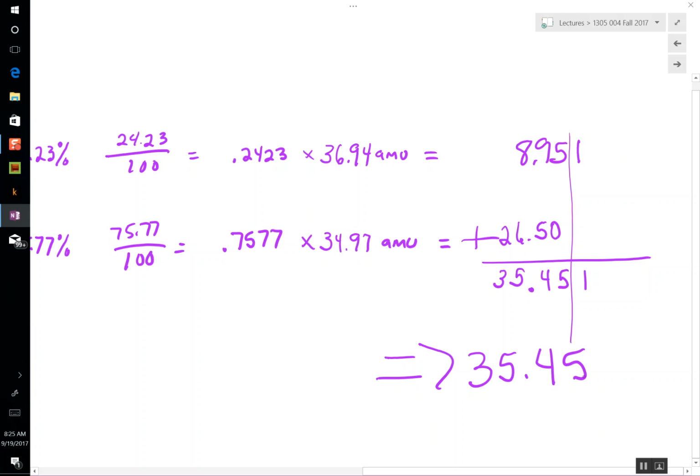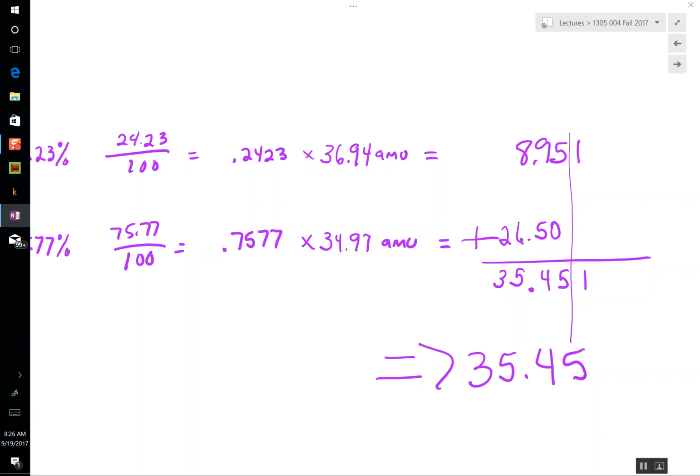For every 4 atoms you find, 3 of them will have this mass, and 1 of them will have that mass. And they will average this mass. You follow me? You can't even find a chlorine atom with that mass, but that is the average atomic mass of chlorine atoms.